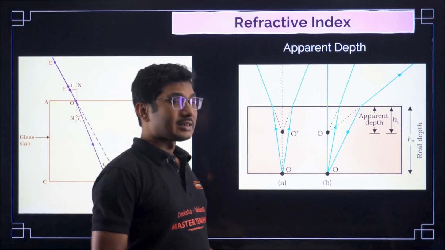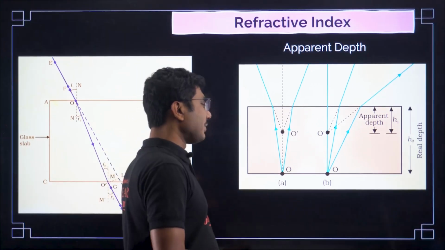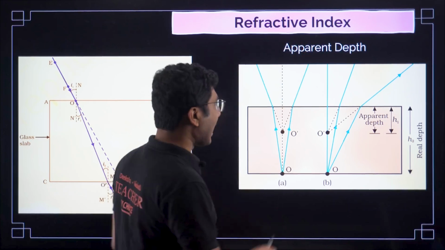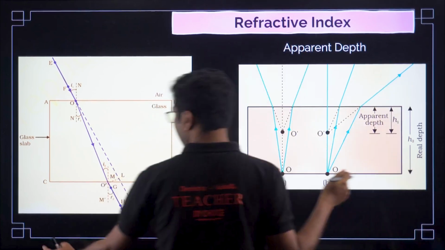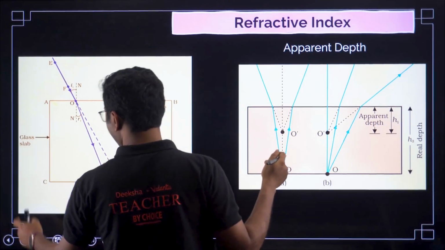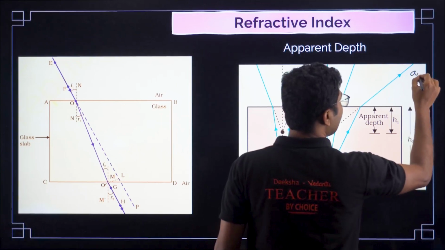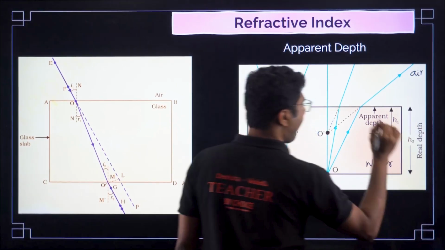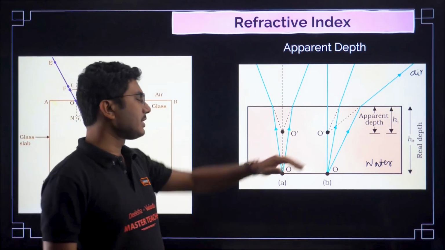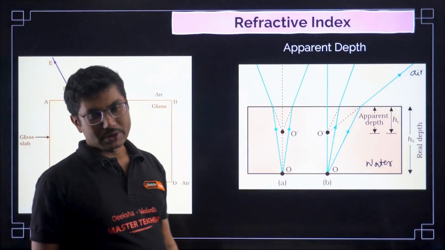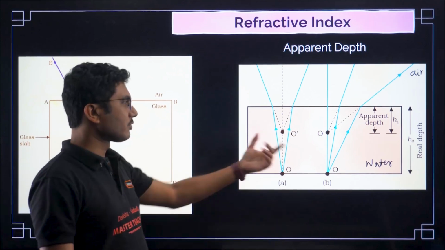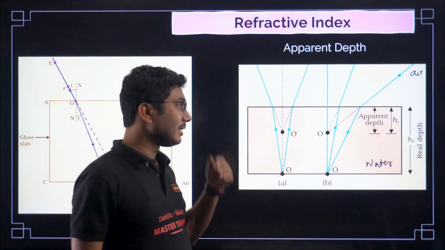One is, suppose you are observing a liquid from the top. You are in air, this is air and this is say water. Suppose this is a fish tank, an aquarium, and some fishes are swimming inside it.